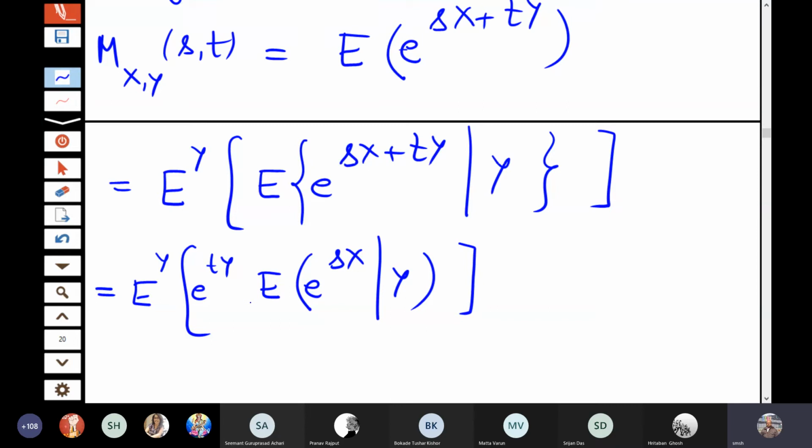Is this step clear? Yes, sir. So the inside quantity, expectation of e to the power sx given y, is nothing but the moment generating function of the distribution of x given y at the point s.